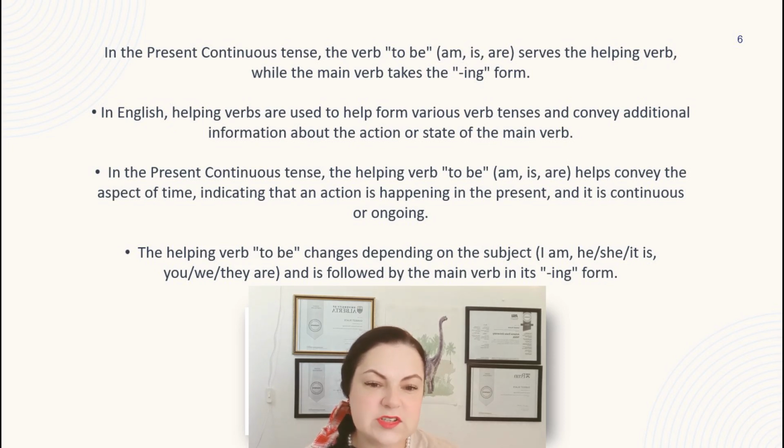In the present continuous tense, the verb to be, am, is, are, serves as the helping verb, while the main verb takes the ing form.